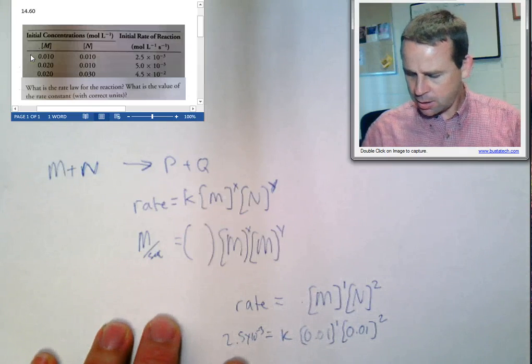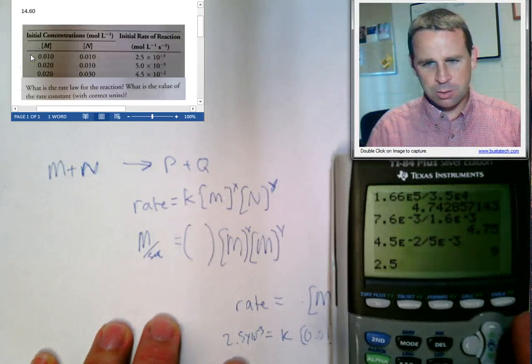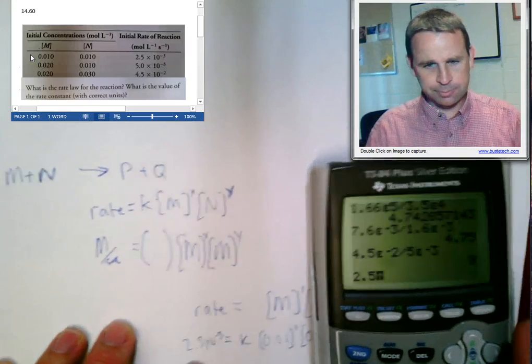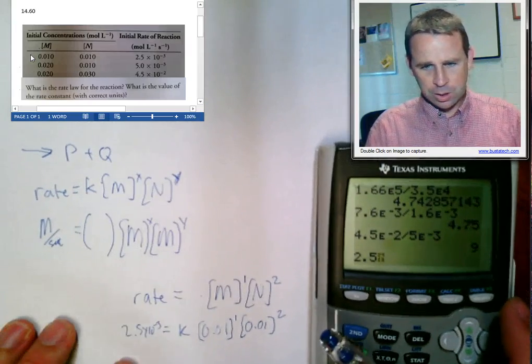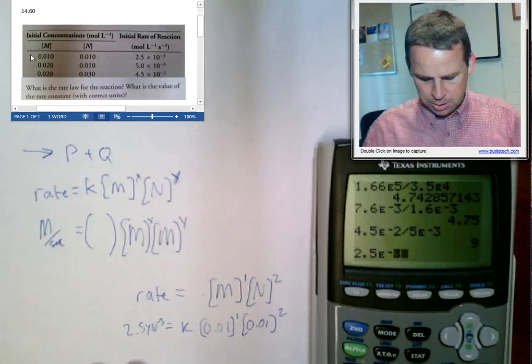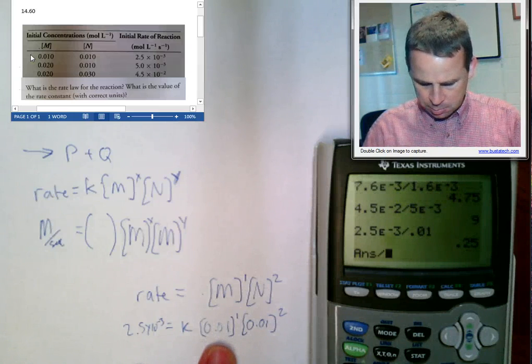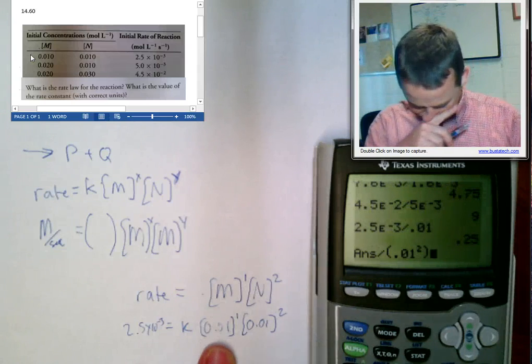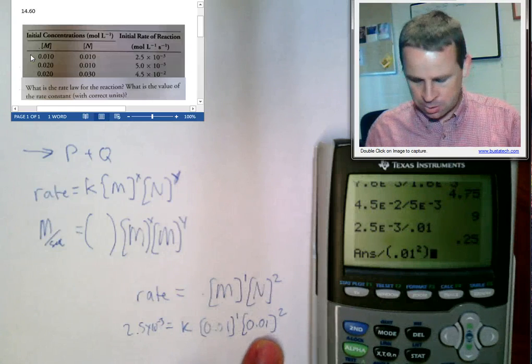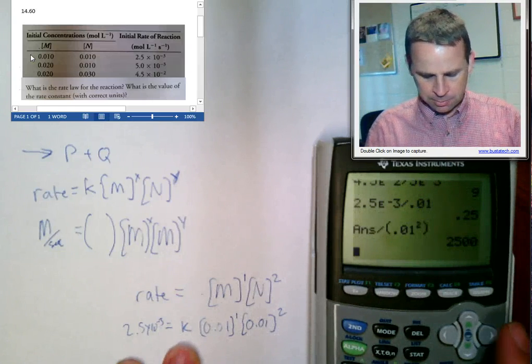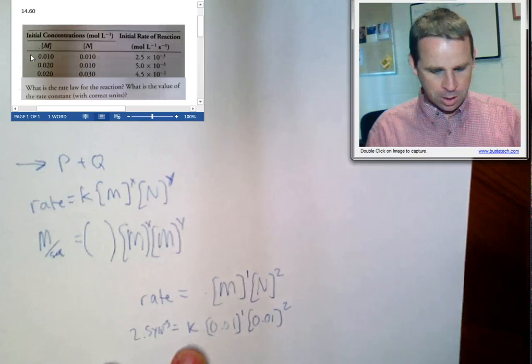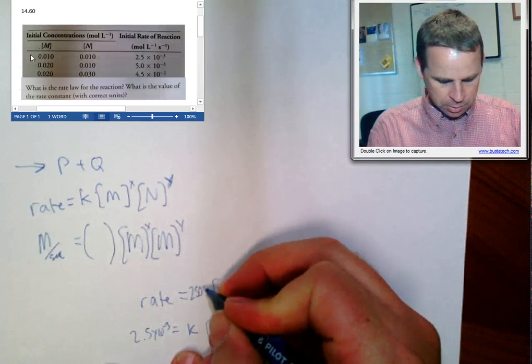So I take 2.5 times 10 to the minus 3, and I can divide it by 0.01, and then I'll divide that again by 0.01 squared, which is this one over here. And then I'll be left with K, 2,500. So I can put that in here, 2,500.